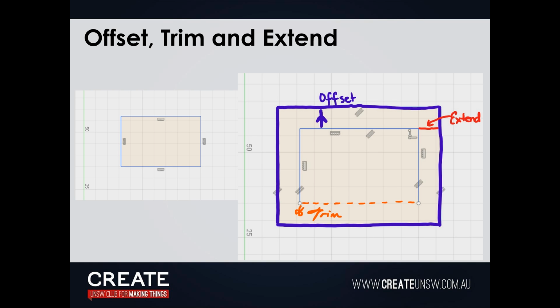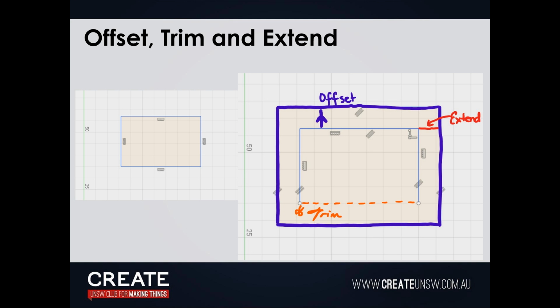Now there's a function called extend. So extend that curve. Yep, so that's been extended. Essentially it just finds the next intersection. It finds that line and the next intersection of that curve and extends it. Now trim is pretty much the opposite of extend. Trim removes the closest points of intersection.